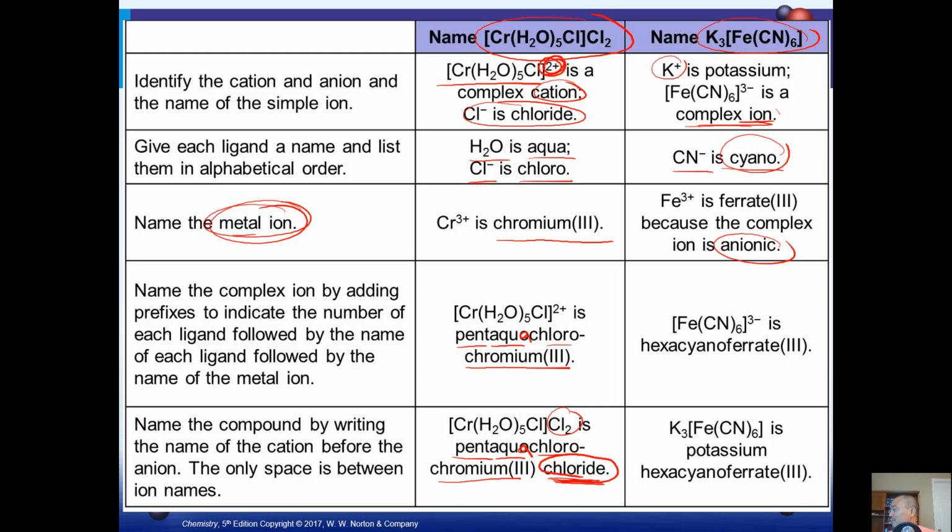Right. So put everything together. This complex ion is a hexacyanoferrate 3, and the potassium ion is a cation. You always name cation first, so it's called potassium hexacyanoferrate. Hopefully this helps you understand completely how to name the coordination compounds.